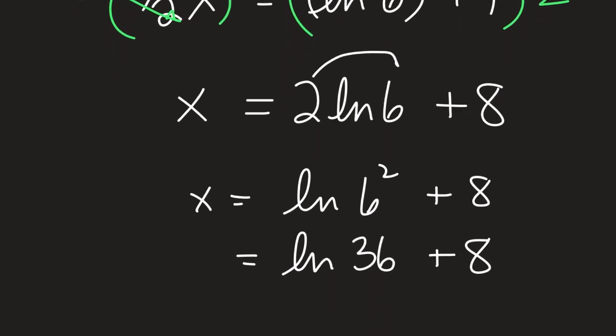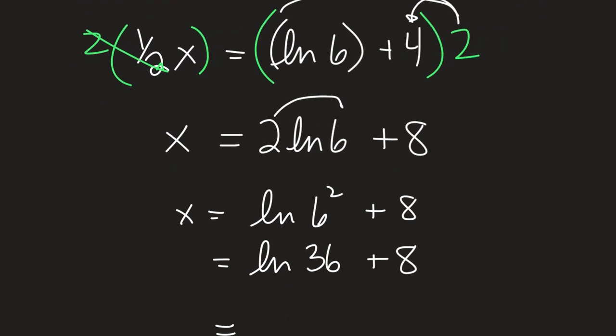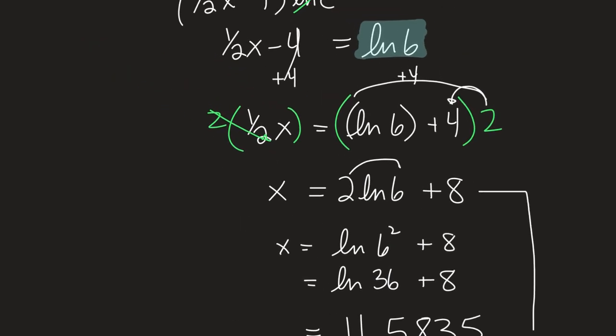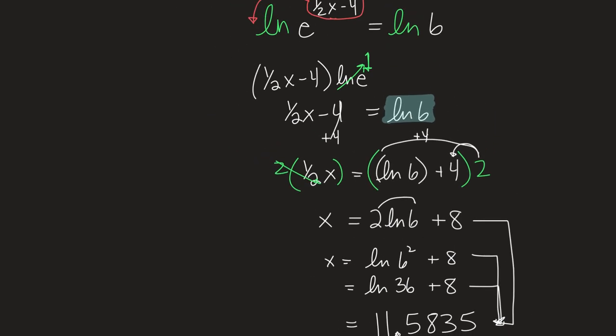Either way you slice it, no matter which method you pick, these all should give you a decimal of 11.5835. No matter what, this one gives you that same decimal, and all of these give you that same decimal, because mathematically speaking, they're all equal.